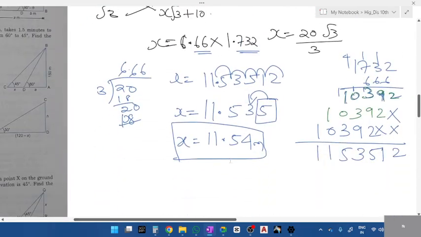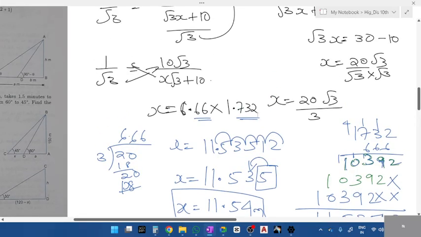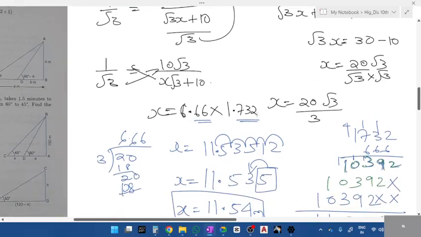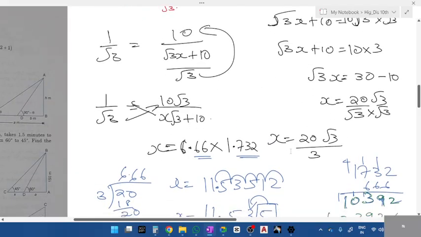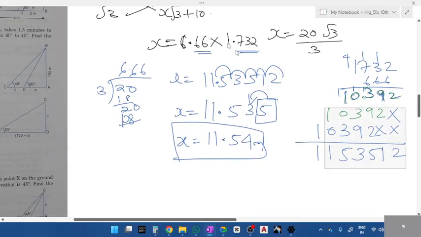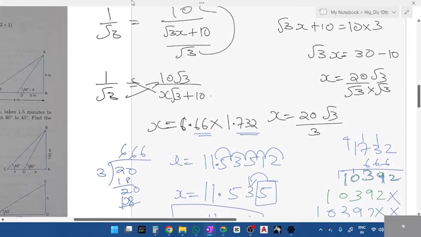What did we get? Okay, we got 11.54. Still, you'll get marks. The answer is 11.55 meters in the textbook. Right? So the accurate value is 11.54. Just because we calculated root 3 and all these things, we got 11.54. We'll get marks for this.